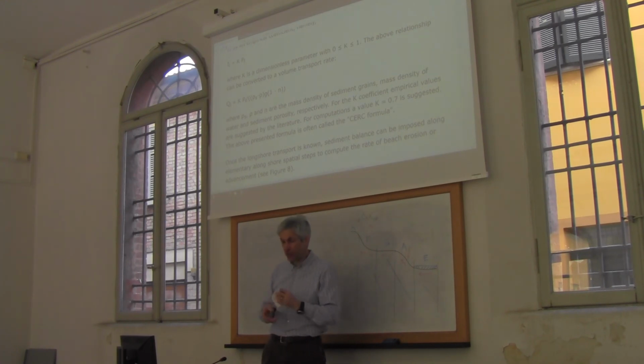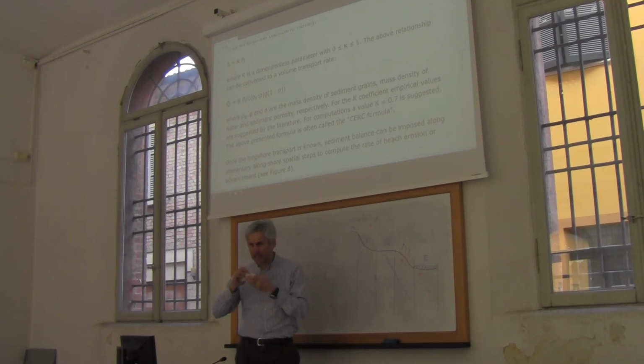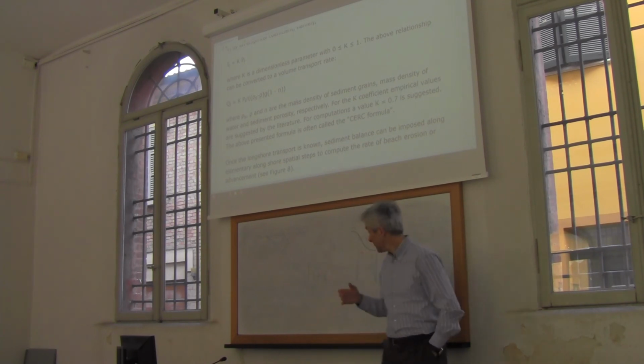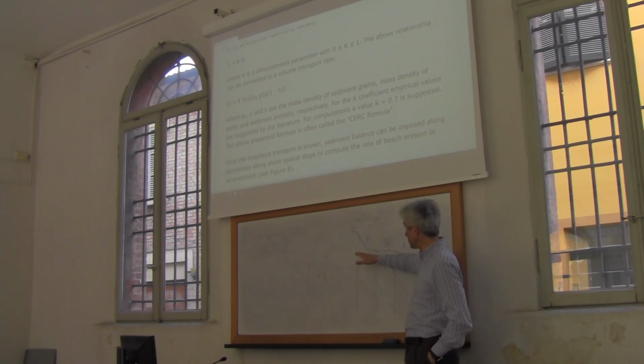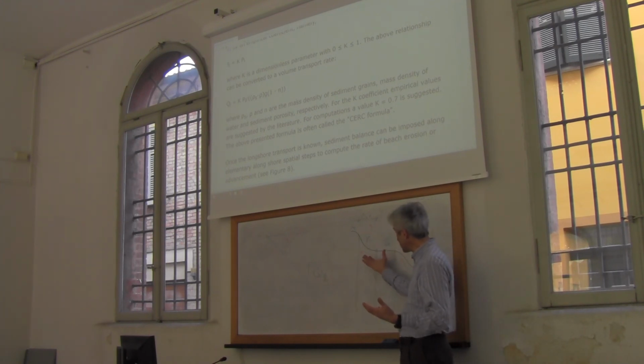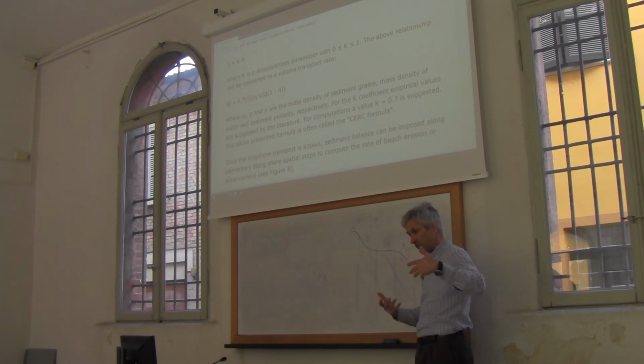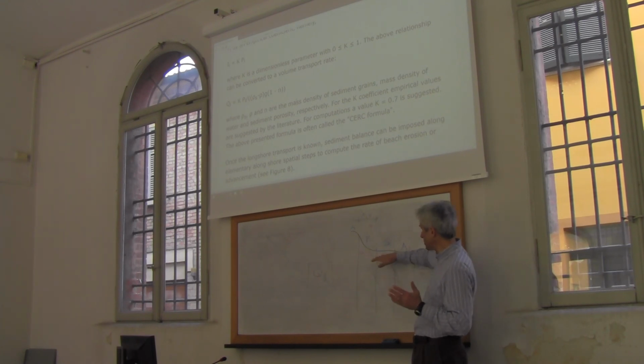Intuitively, if you try to guess, what may you conclude? Okay, let's focus again on this spatial step. We have erosion. So you have some sediment coming in, but there is a lot of energy. And therefore, let's suppose that I don't have any sediments inflowing.